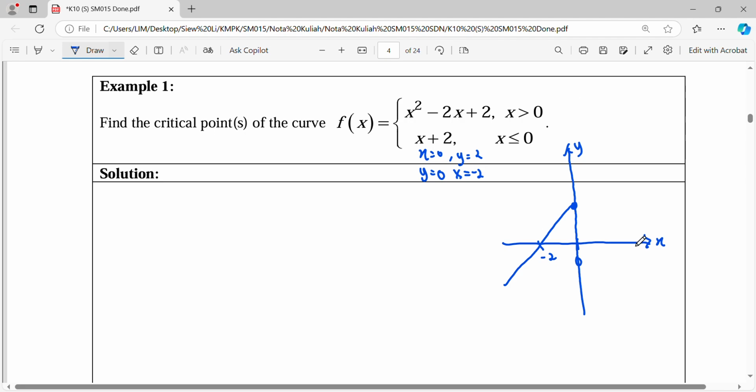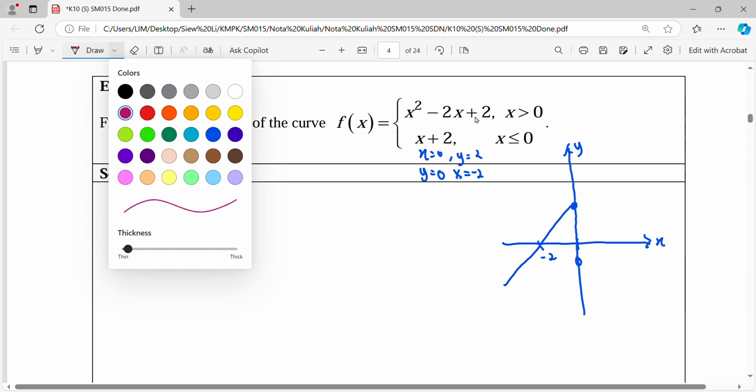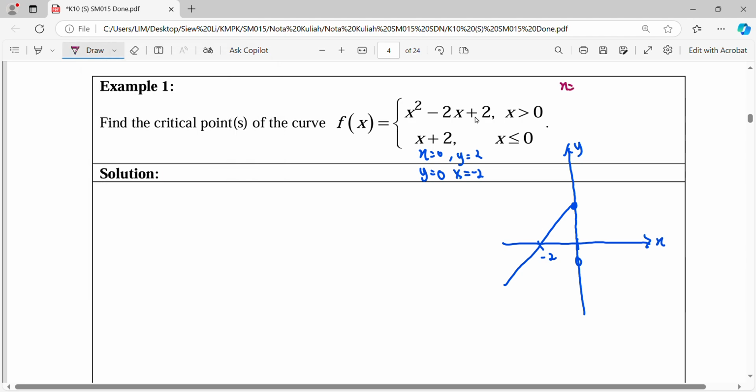We try to draw first. Maybe we have a changing point here. So for this quadratic, when x is 0, the y is 2 also. Can you factorize this?